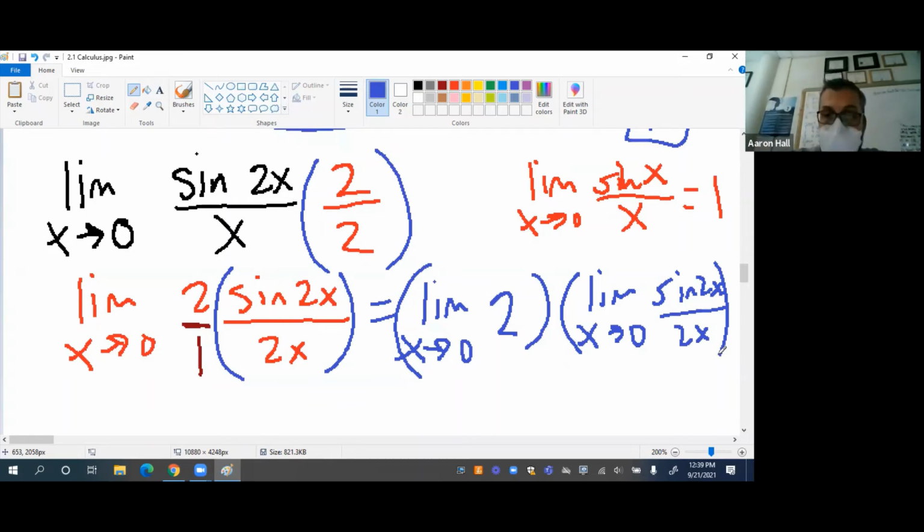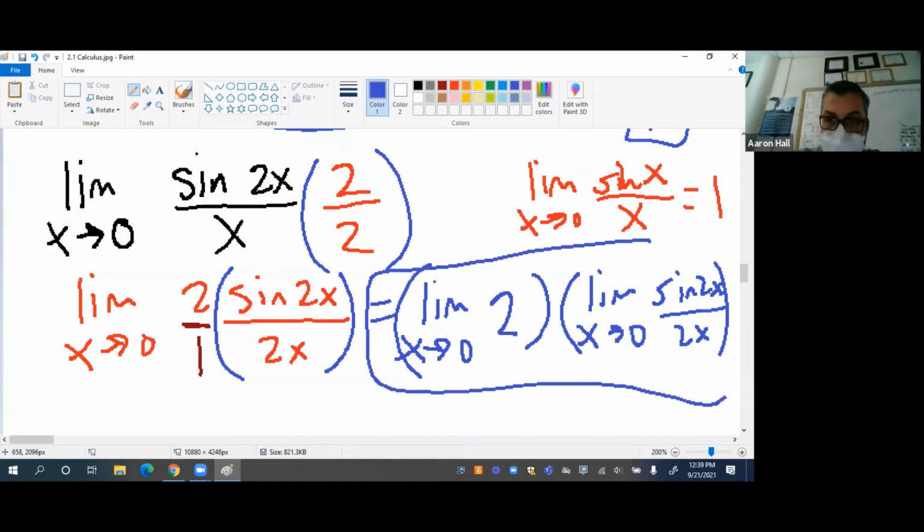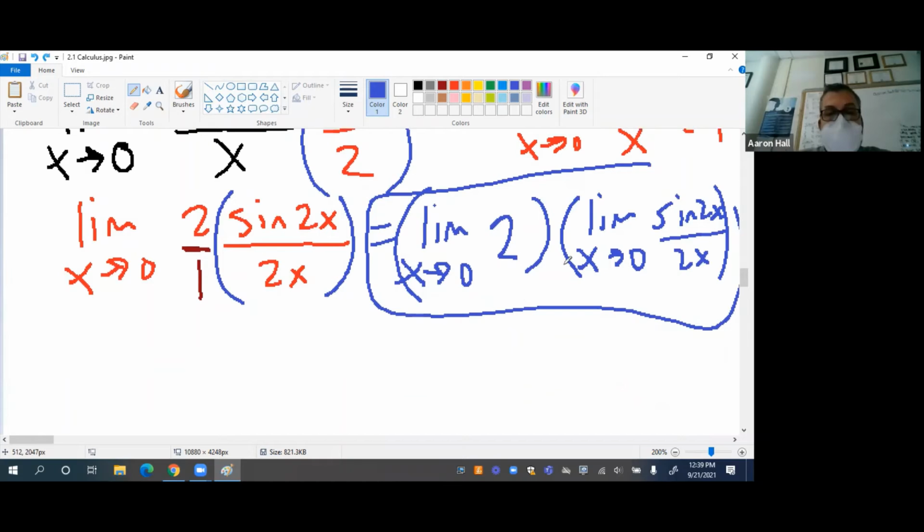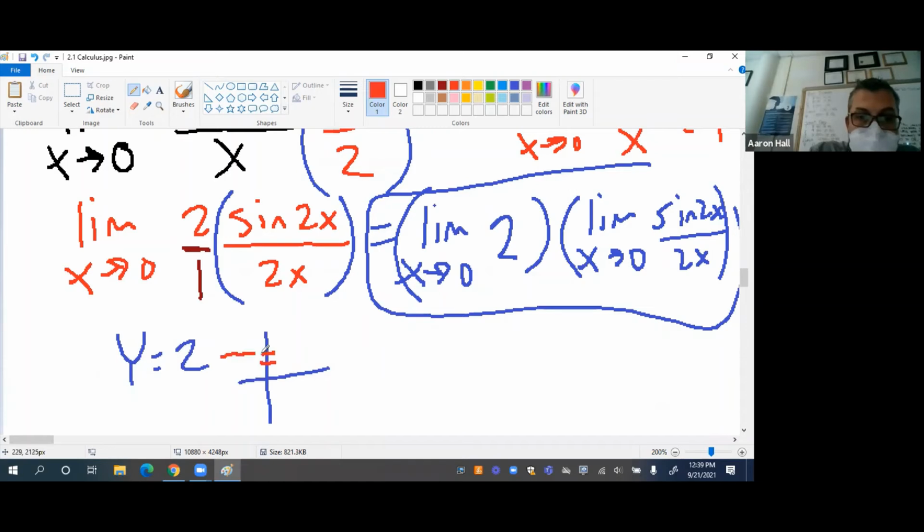Are you comfortable with how I broke this up? Then what does this piece become? Isn't that just sine of an angle over the angle? Yeah, so that's just one. What is the limit as x approaches 0 of 2? 2. Well, let's graph it. y equals 2 is this line, 1, 2 here.